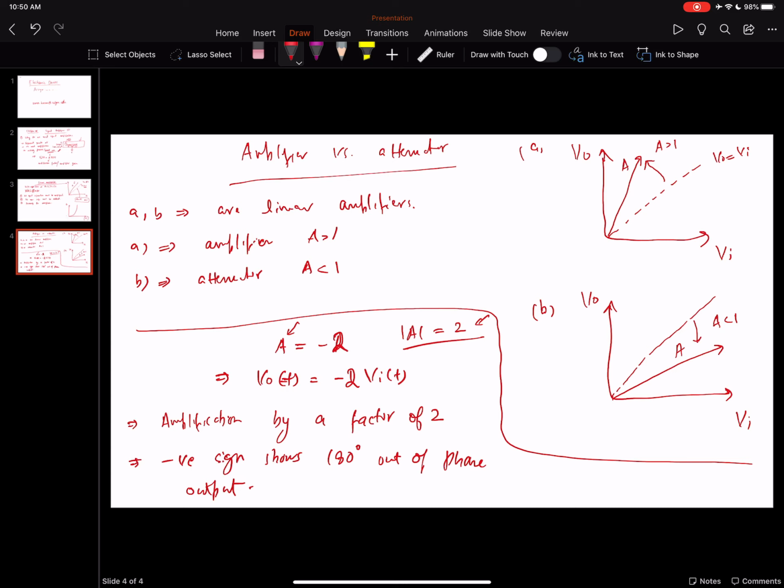For example, if you give a sine wave, it will be 180 degrees out of phase and multiplied by 2.